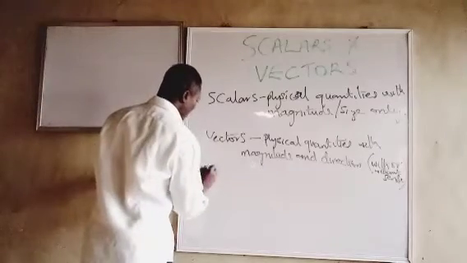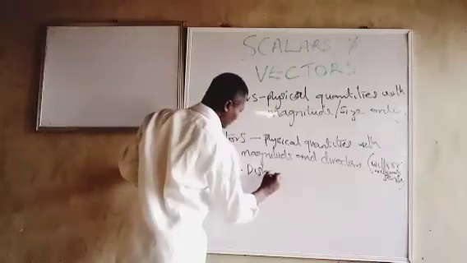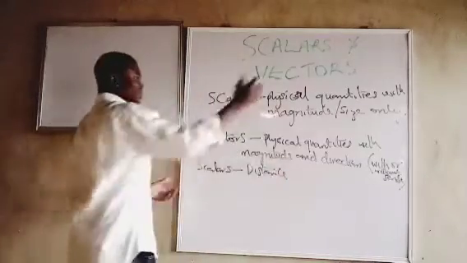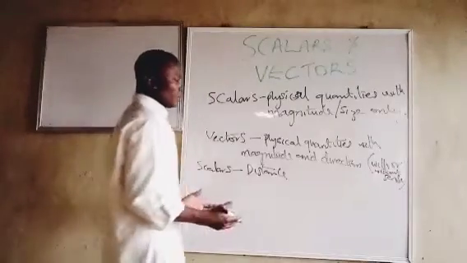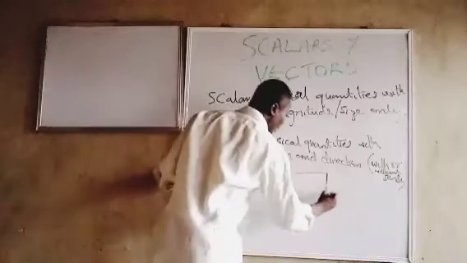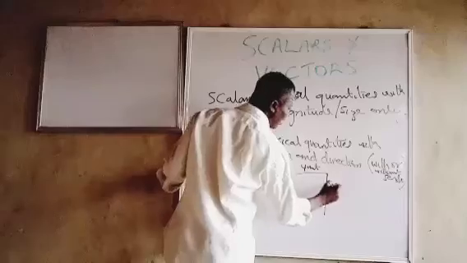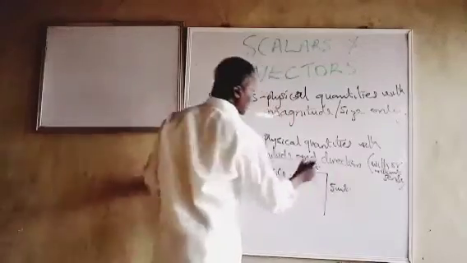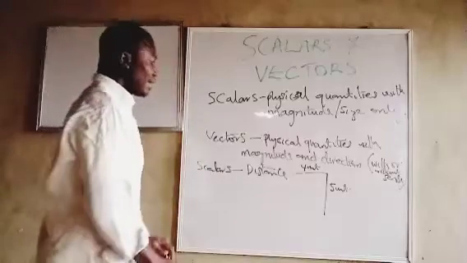So let's see examples of scalars. Here we have distance. This is the space occupied. You don't need to show me the direction. So if somebody moves like this, 4 units and 5 units here, you can easily say the distance moved is 4 plus 5, 9.